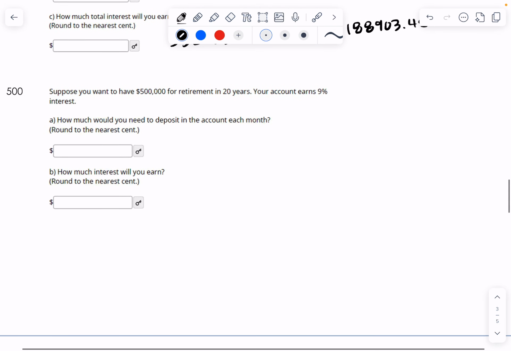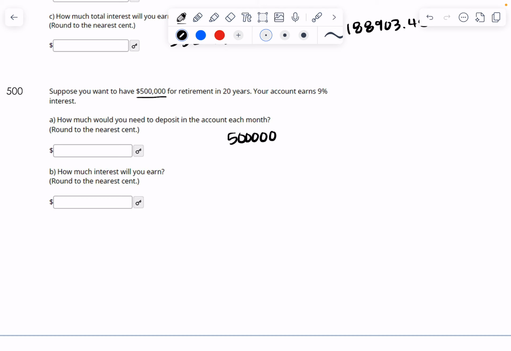Okay. Now, another type of problem that you'll see with an annuity is saying how much you want to have in the account. So if you want to have $500,000 in your account, how much do you need to deposit each month? So that's, you're solving for D. But it's still an annuity because you're saving up for retirement.